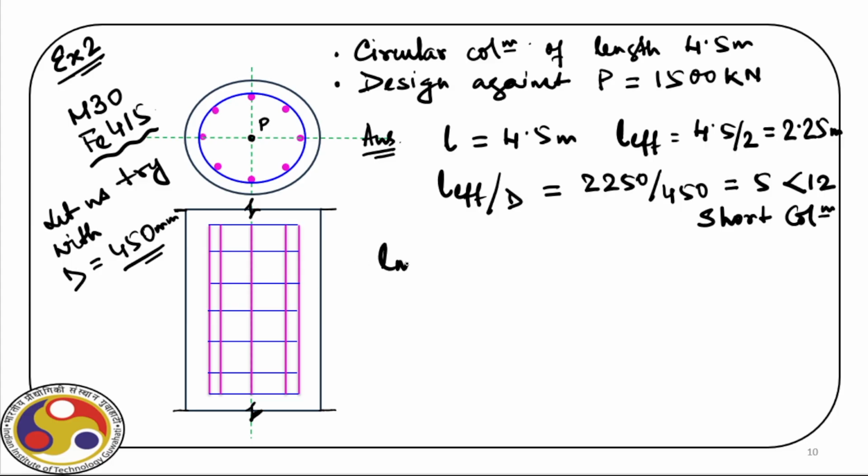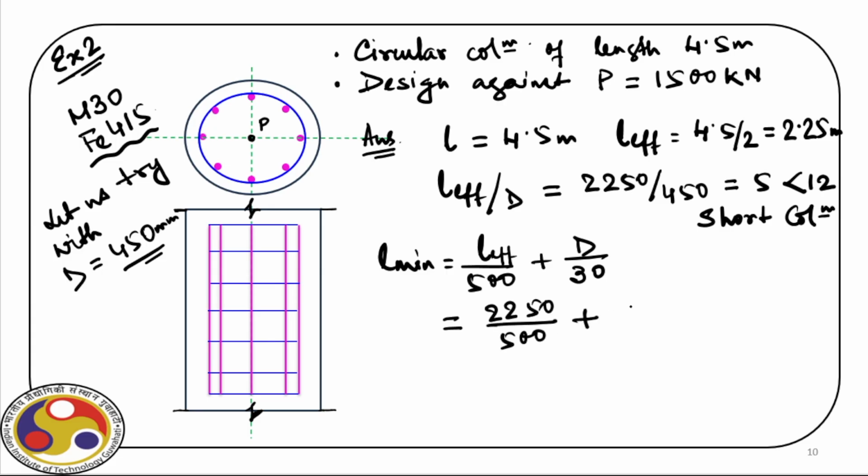Now our e minimum is equal to L effective divided by 500 plus D by 30, which is equal to 2250 divided by 500 plus 450 divided by 30.